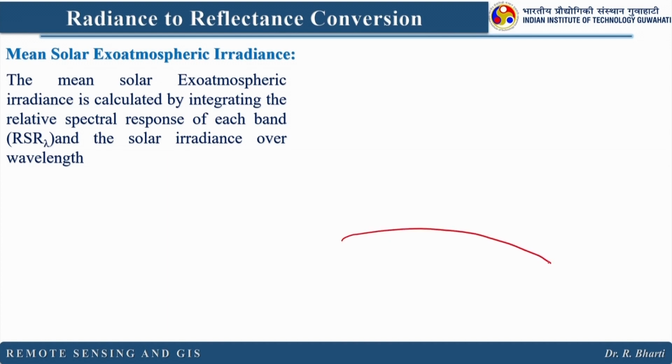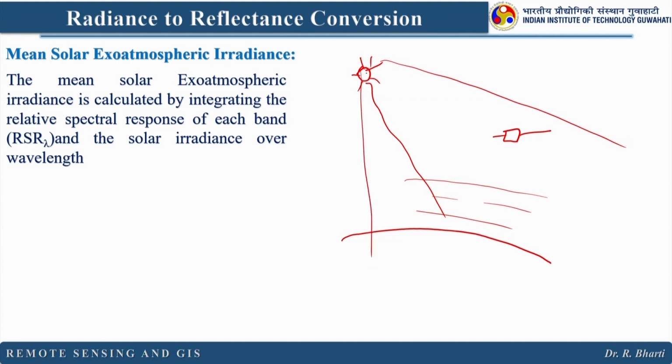Like, this is the surface, this is your source and this is your sensor. Actually this is wrong, because your sensor will be somewhere here, and here you have atmosphere. Now, what is happening? The sun is illuminating this whole area. So, the sensor is also receiving the irradiance value, and this is away from our atmosphere.